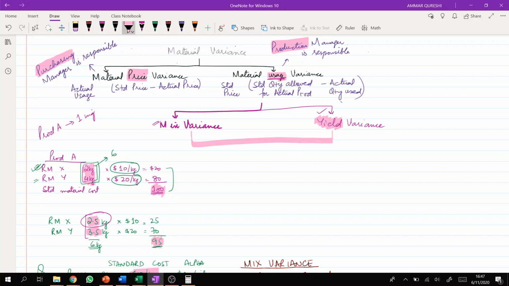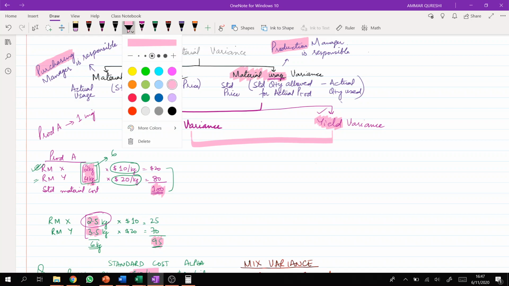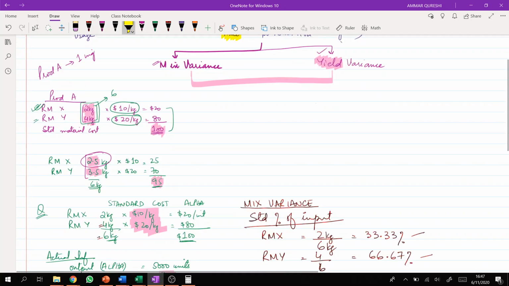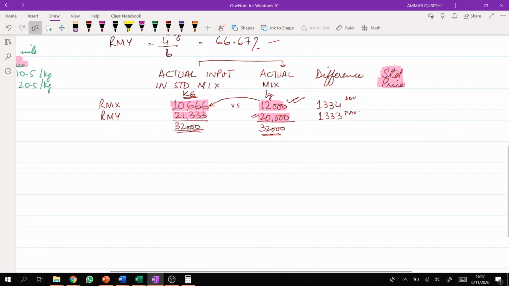These two variances are the subvariances of material variances, and in the calculation of usage variances, we use a standard price. So since usage variance involves the use of standard price, we will use standard price in this calculation as well, so we can reconcile it.